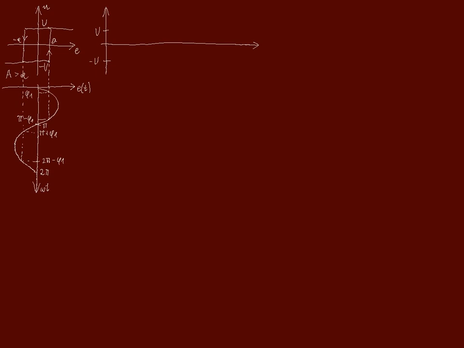From minus u or from plus u? We will start drawing from minus u, because the function u of phi is a periodic function. So we need to look where we will be after the previous sign period and start drawing from there.